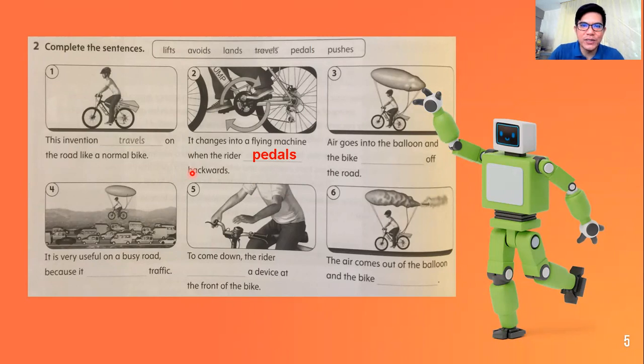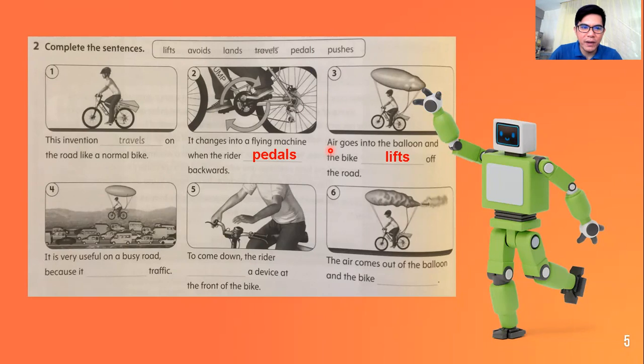All right, let's go to number 3. Air goes into the balloon and the bike blank off the road. You can see in the picture. So what's your answer for number 3? 3, 2, 1. The correct answer is lifts. The air goes into the balloon and the bike lifts off the road.